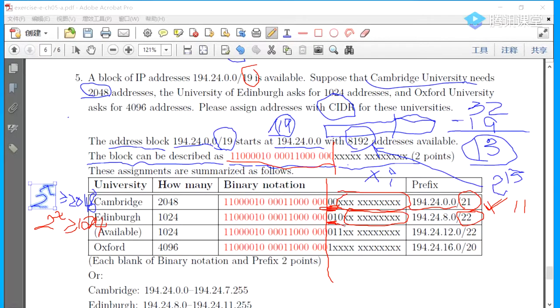Then the remaining bits we can determine with the minimum value. We use 0. So these 3 bits are 010.